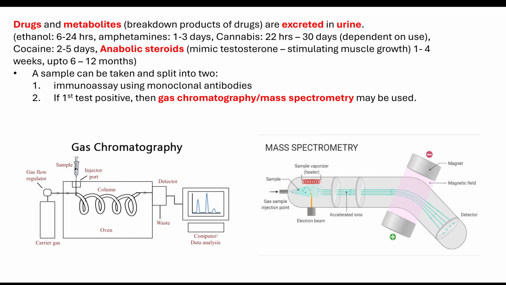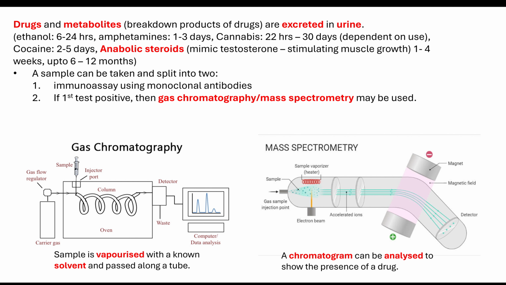So the key thing to note about both gas chromatography and mass spectrometry is that they're going to take a sample. That sample will be vaporized. So what are you doing to that sample? You are turning it into the gaseous state. That gaseous state, and then with a known solvent, is going to pass along a tube. It will then be detected in not only the concentration, but also the presence of the drug.